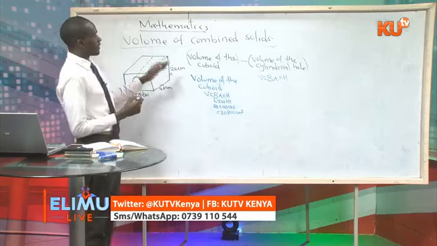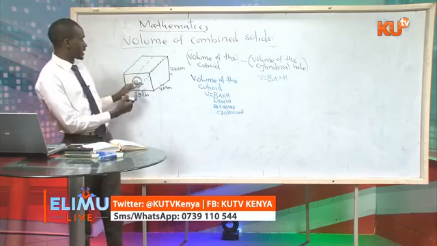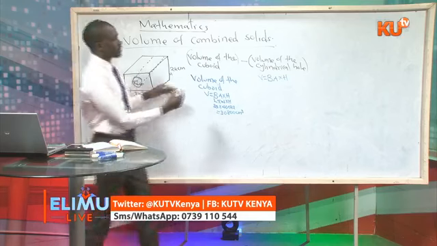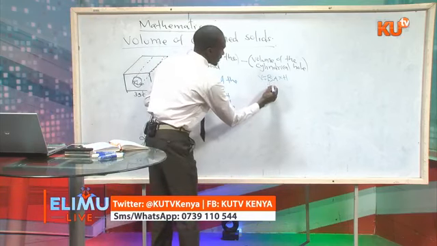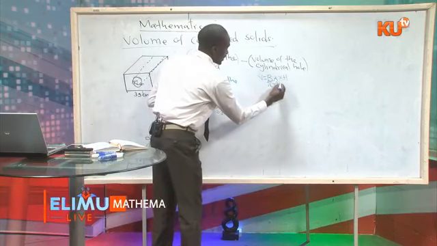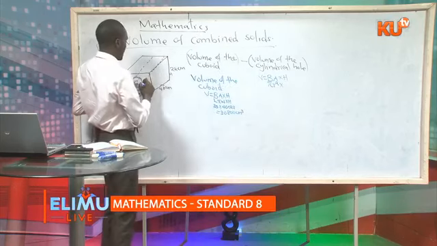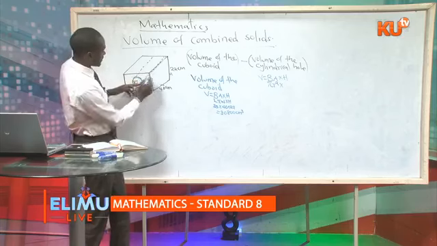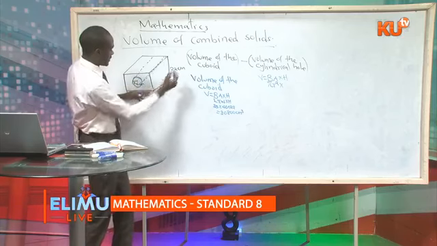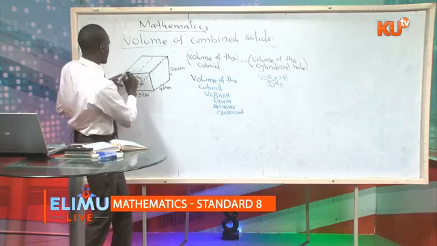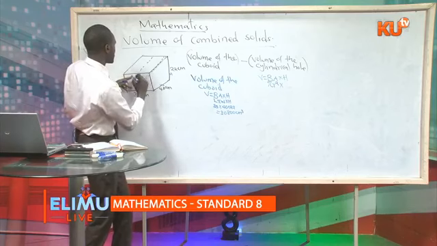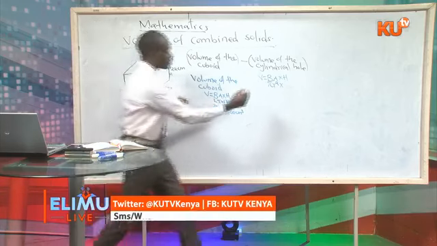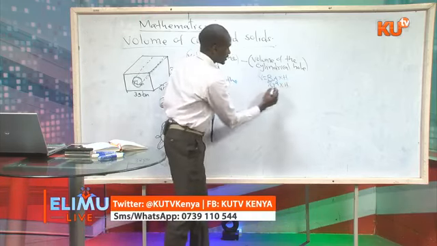Now when you come to the circle, the base area of a cylinder is a circle. Now a circle is pi r square, then by height. Then here the height, which is from here to here, is 40. It is also the same as this one to here. So it is times height.